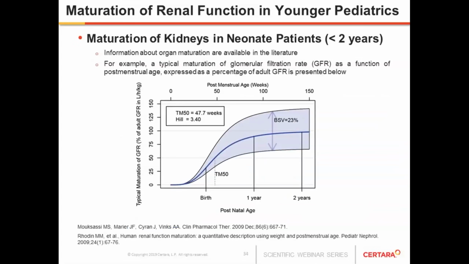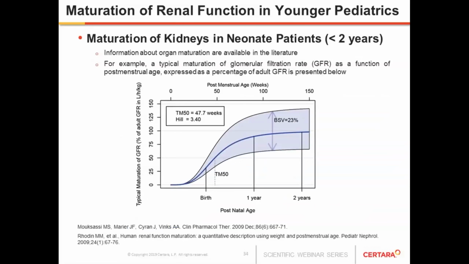In addition to size, in patients less than 2 years, maturation needs to be taken into account. The information about organ maturation is available in the literature. In this example, we're showing a plot taken from the paper published by our colleagues at Certera, Samir Muksasi and J.F. Marier.